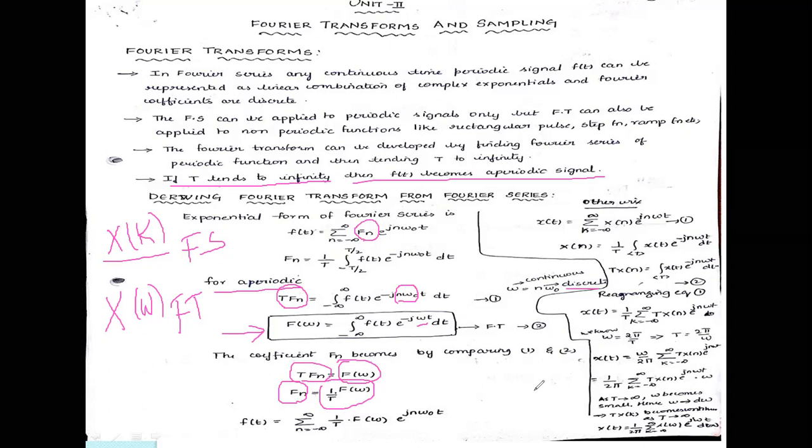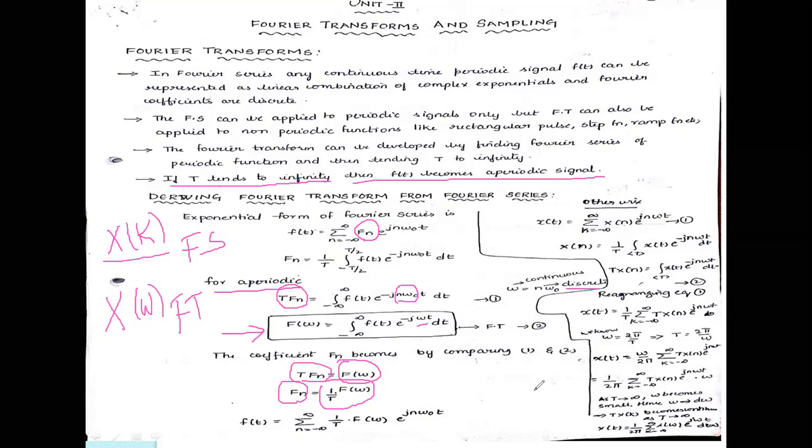Understood, my dear students? The relation between the Fourier transform and the Fourier series is that omega is continuous here, which becomes n omega naught as a discrete function, and T Fn becomes F of omega as a coefficient.